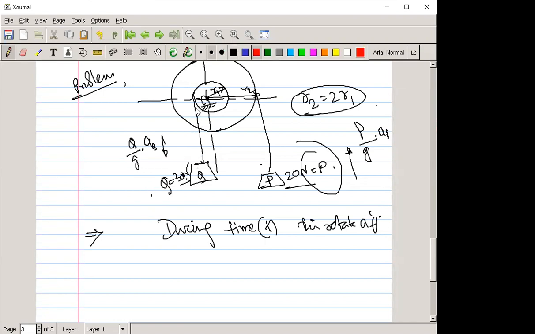Due to this 30, this will go a little downward, and this P will go in the upward direction. So there is a change in the rotation. That rotation we can define as theta, which is the length crossed by this pulley or this weight P. So we can write that L1 by R1 is equal to L2 by R2.